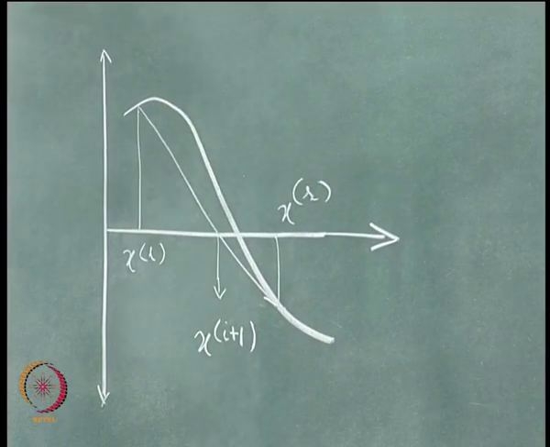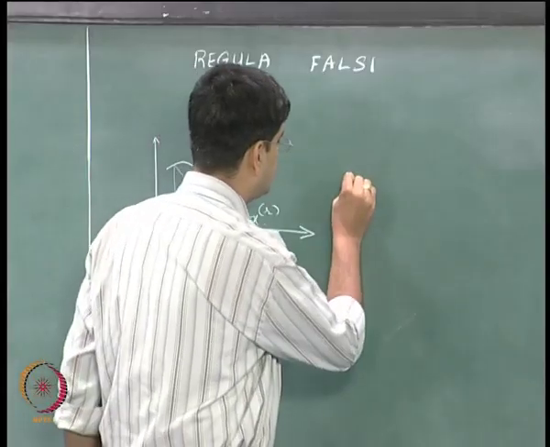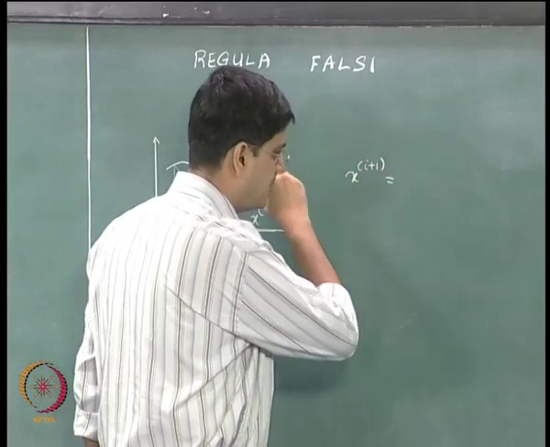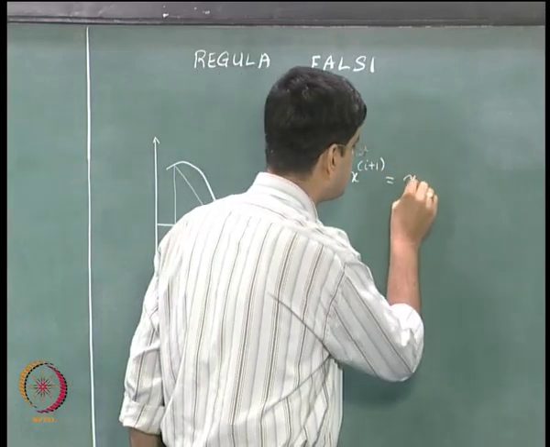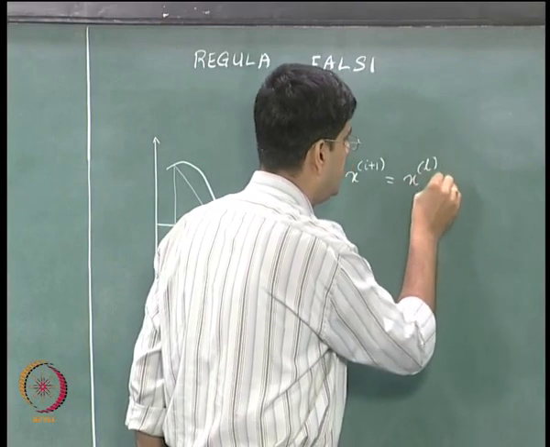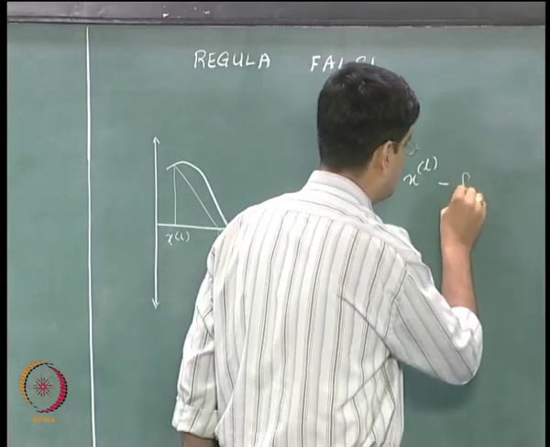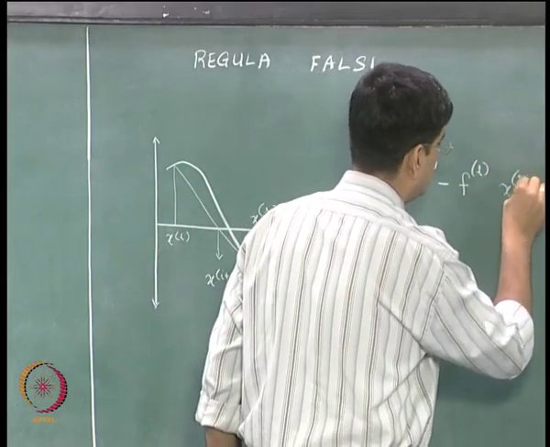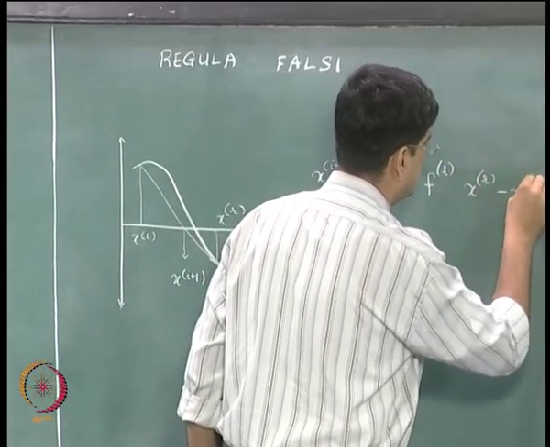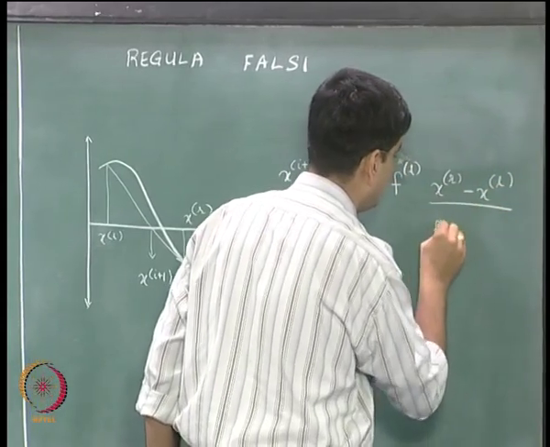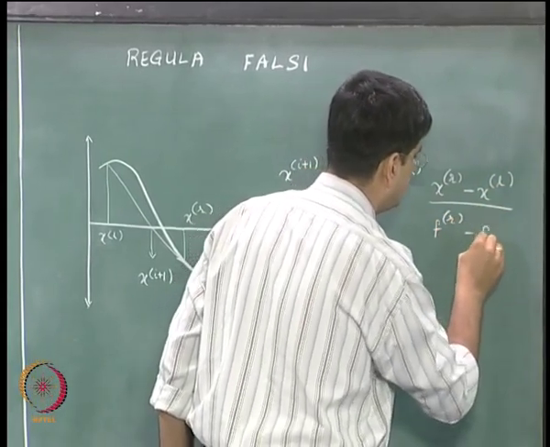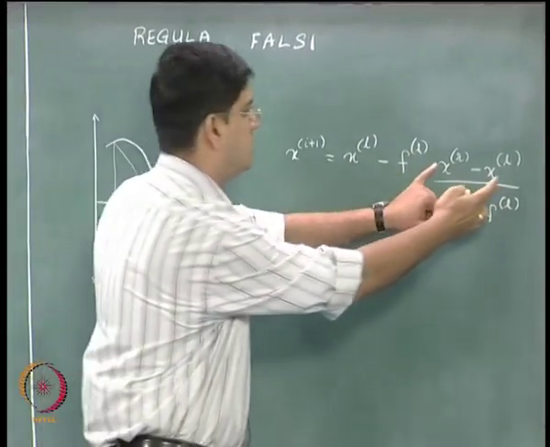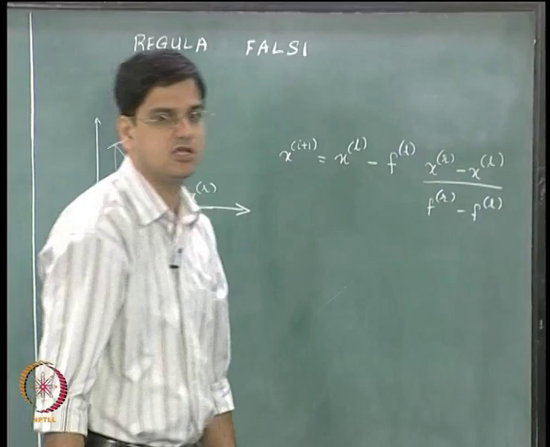The expression for x i plus 1 that we developed in the previous module was x i plus 1 equal to XL minus FL multiplied by XR minus XL divided by FR minus FL. Of course, you can interchange these as well.